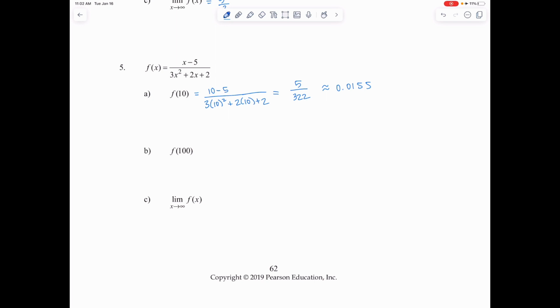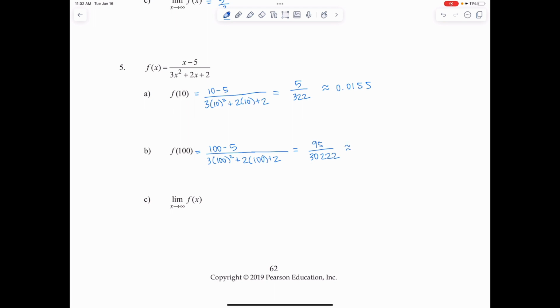If we plug in 100, 100 minus 5, 3 times 100 squared, plus 2 times 100, plus 2, it's going to give us 95 over 30,222.